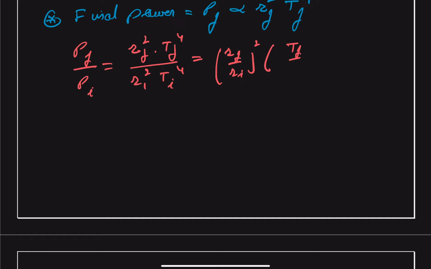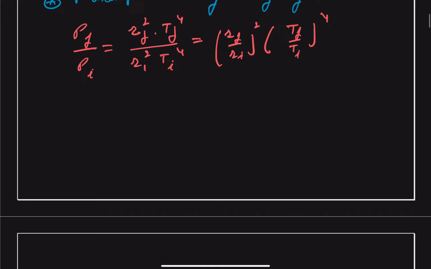And it is said that the radius is halved, so we substitute the values. This gives us half, and we have this as whole square, and temperature is doubled, so this becomes 2 upon 1 raised to power 4. So this is equal to 4.